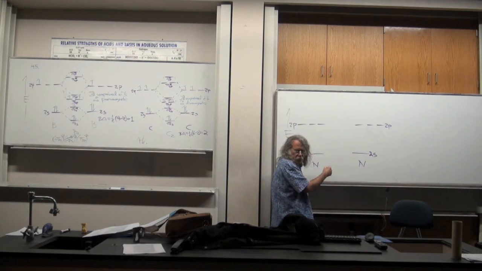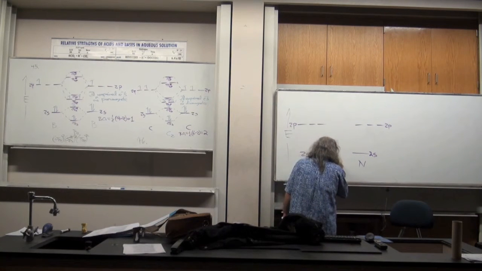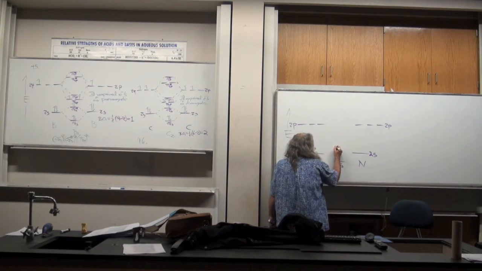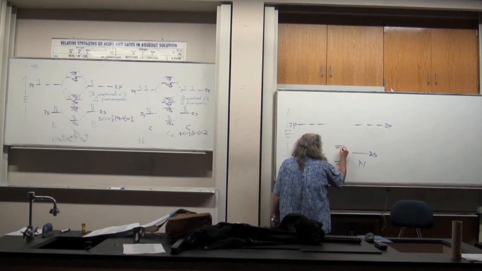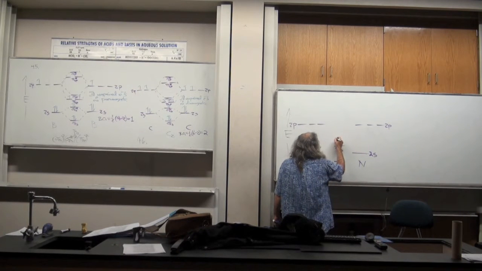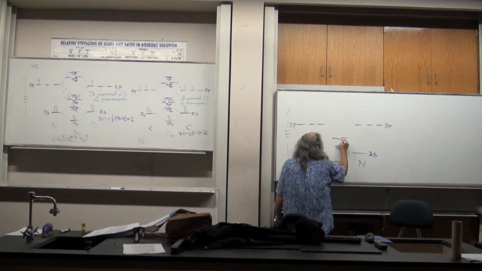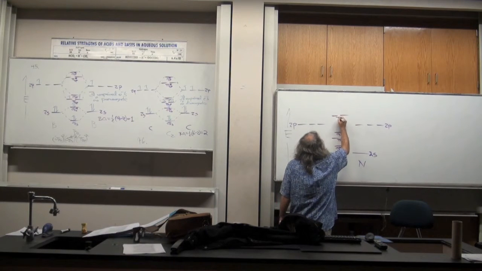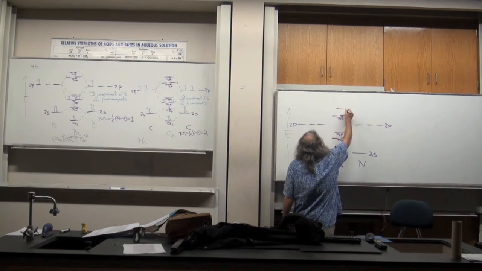What am I going to get? You got sigma 2s, sigma star 2s. You got pi 2p, sigma 2p, pi star 2p, and sigma star 2p.